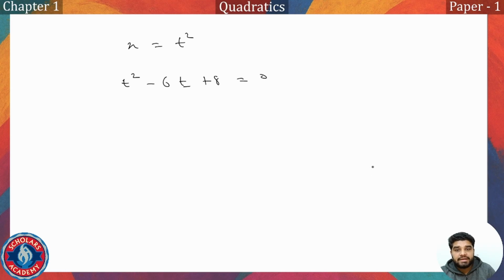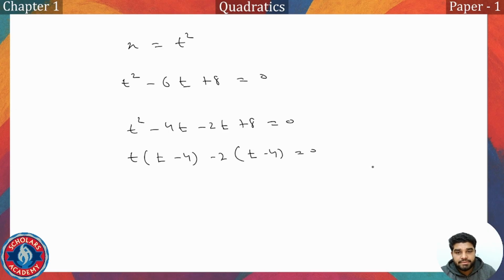If we simplify it, the product is 8, the sum is negative 6, so t² - 4t - 2t + 8 = 0. We take t common, t(t - 4) - 2(t - 4) = 0. (t - 4)(t - 2) = 0.